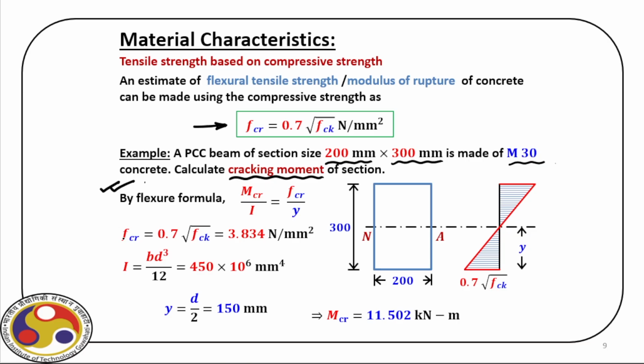And we already know fcr is given by this expression. So for this concrete of M30, we can find out what is fcr, and it is 3.834 Newton per millimeter square. And then the moment of inertia for this cross section is 450 into 10 to the power 6 millimeter to the power 4, and then from there we can actually find out the cracking moment, right?